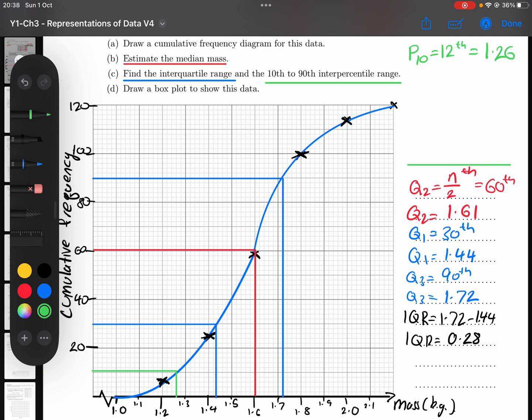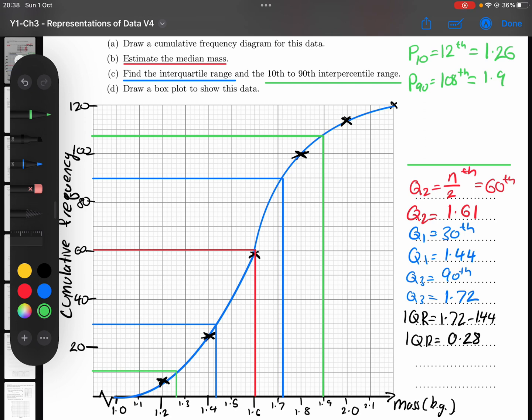For the 90th percentile, 90% of 120 would be the 108th value, which in this case, using my diagram, I'm getting a quite nice value of 1.9.